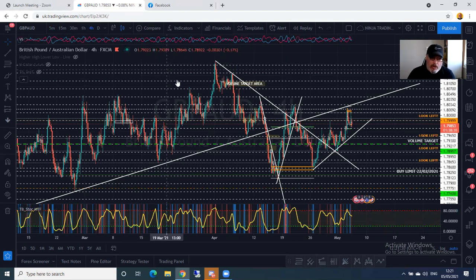It doesn't always match up exactly, but it gives me a rough guide. If you were to draw the lines of support and resistance wholly accurately, they probably wouldn't come out at 35 pip distances.